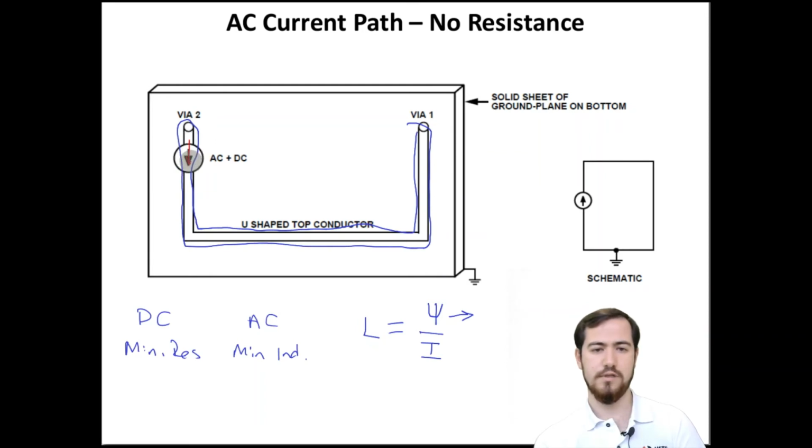It flows like this. This is only an AC current as we talked. And now let me draw the bottom layer current. It flows back in the opposite direction, and that is how we reach the minimized inductance, because now we are coupling the minimum flux linkage on our board. So that is how we reach the minimized inductance for our AC currents.